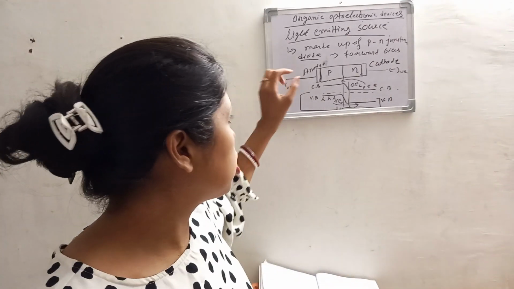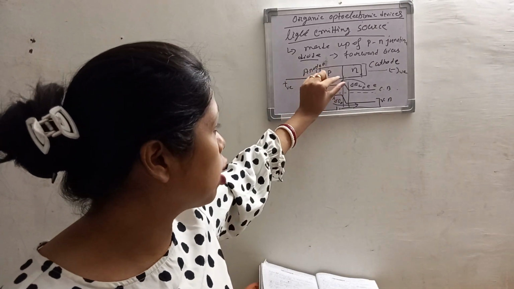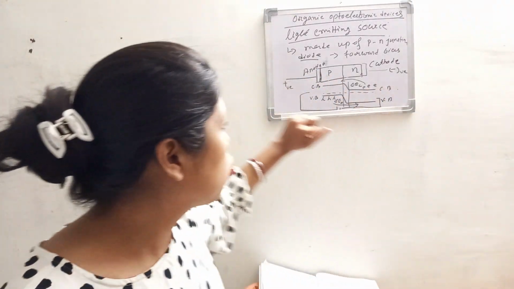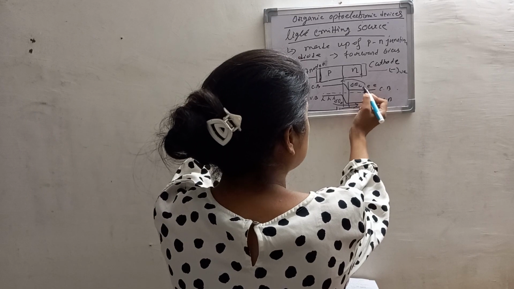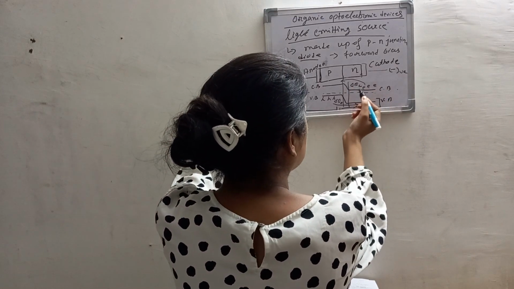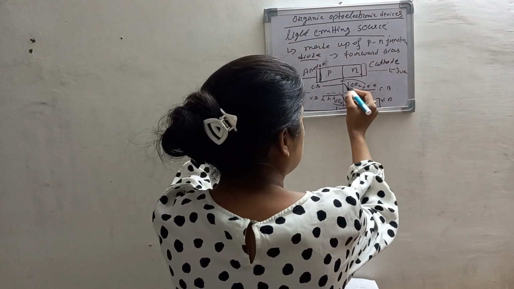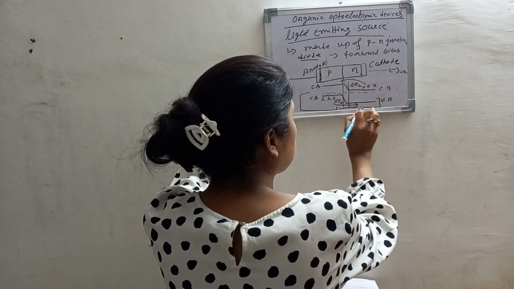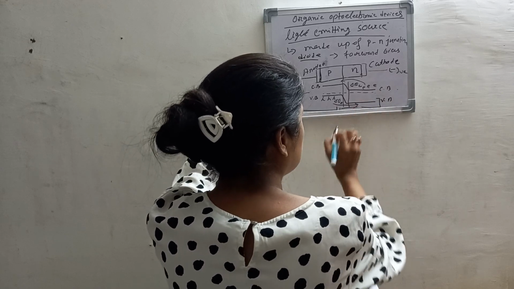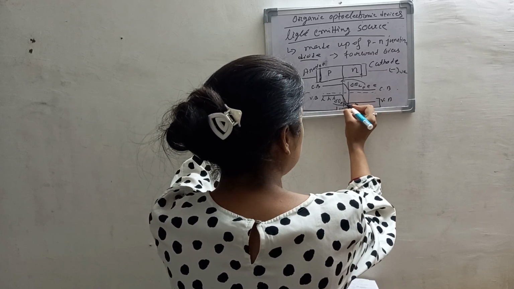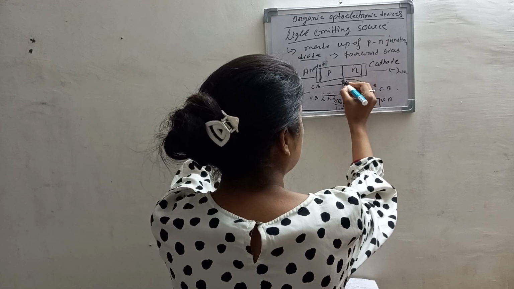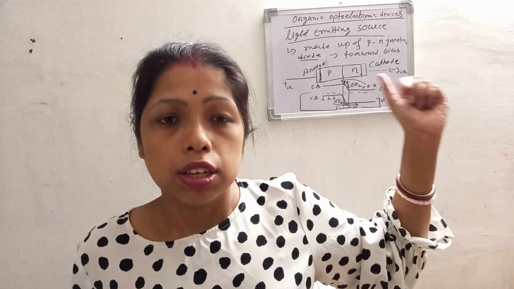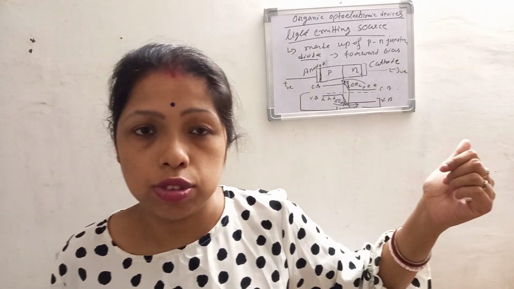But as there is an energetic barrier at the conduction band and the valence band at the interface, the electrons will not move freely towards the p-type semiconductor. In the same way, the holes cannot move freely towards the valence band of the n-type semiconductor. So there is a confinement of the electrons and the holes at the interface of the PN junction diode.